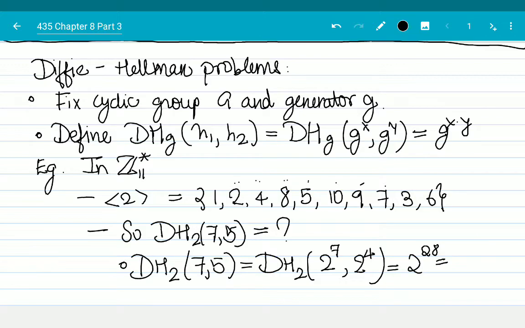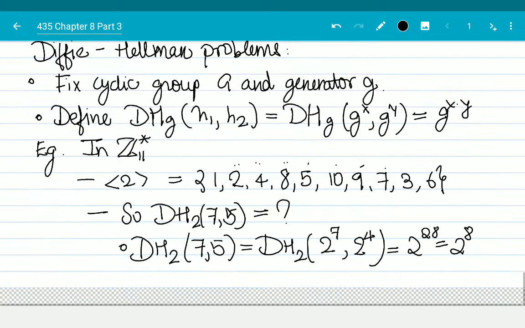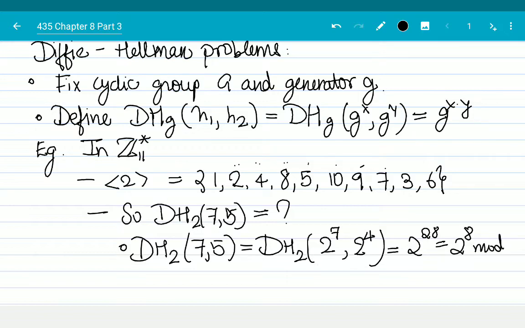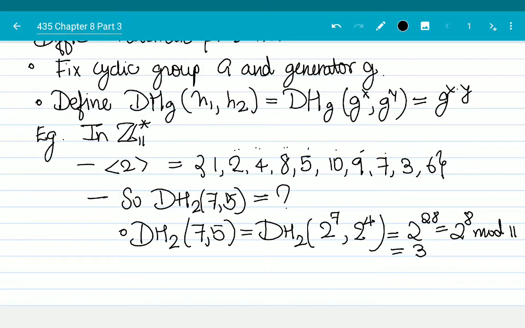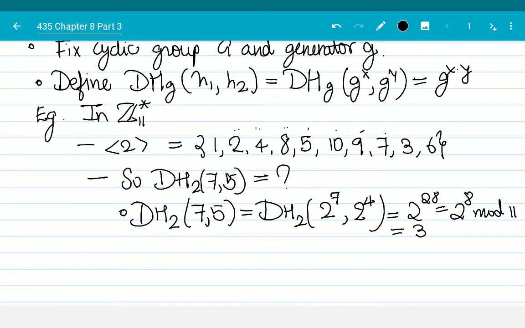What is the value of 2 to the 28 in Z11? The order of Z11 star is 10, so this is equal to 2 to the 8 mod 11. 2 to the 8 is 3, so this is equal to 3. Okay? So this is called the computational Diffie-Hellman problem. There is another way to frame this.